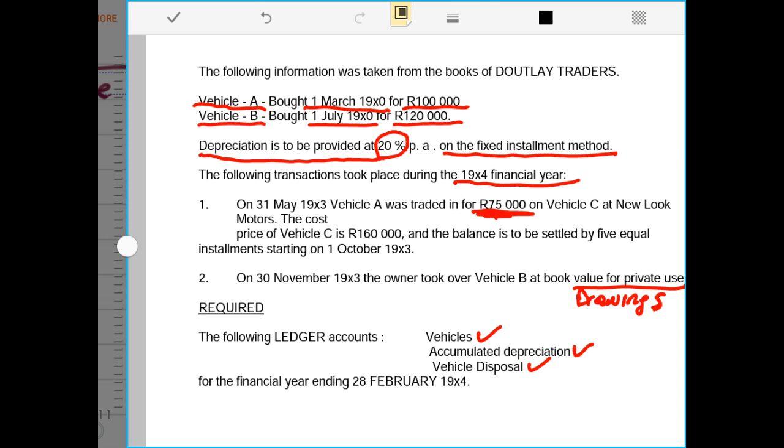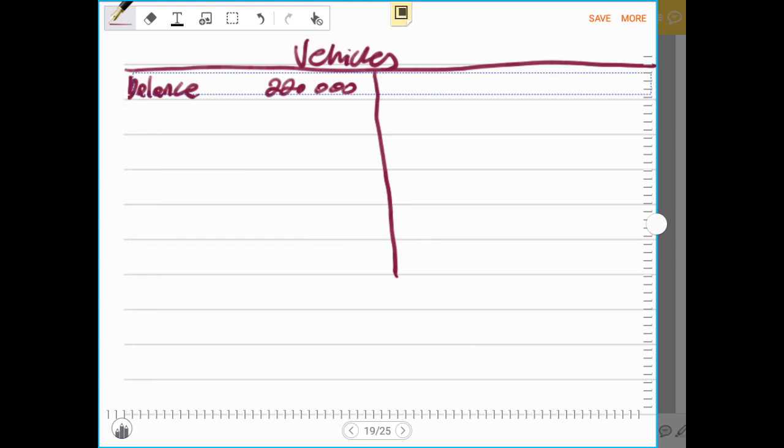It will affect only the asset disposal. So when we record in the ledger account, we record motor vehicle A that was traded in, and the contra entry will be asset disposal, and we record the cost of the asset because this is vehicles at cost.